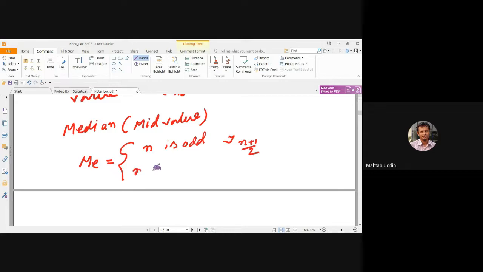And if n is even, there are two middle values, right? It will be y_{n/2} plus y_{n/2+1}, the average of these two values. Do you understand?